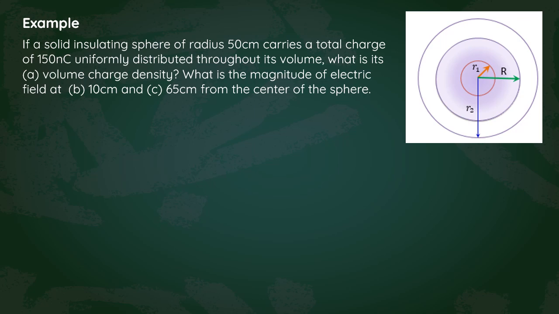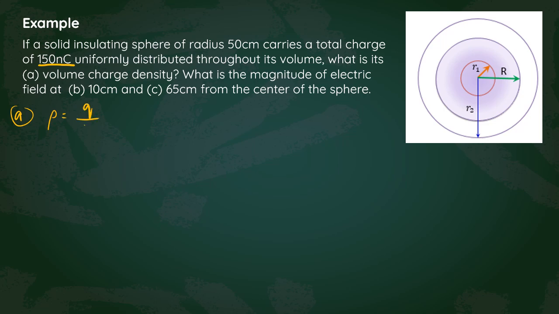If it's conducting, then the charges will stay on the surface. But since it's an insulating sphere, the total charge, the 150 nanocoulombs, will be uniformly distributed throughout its volume.